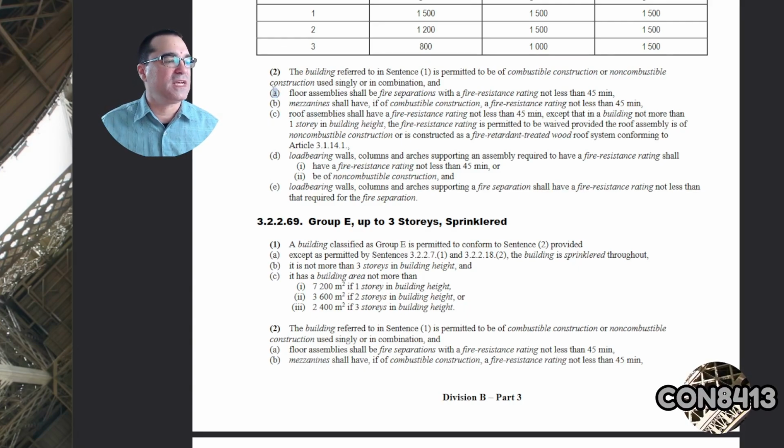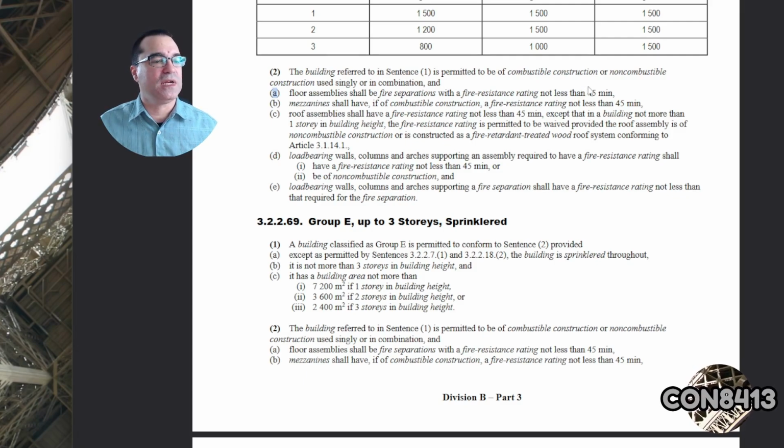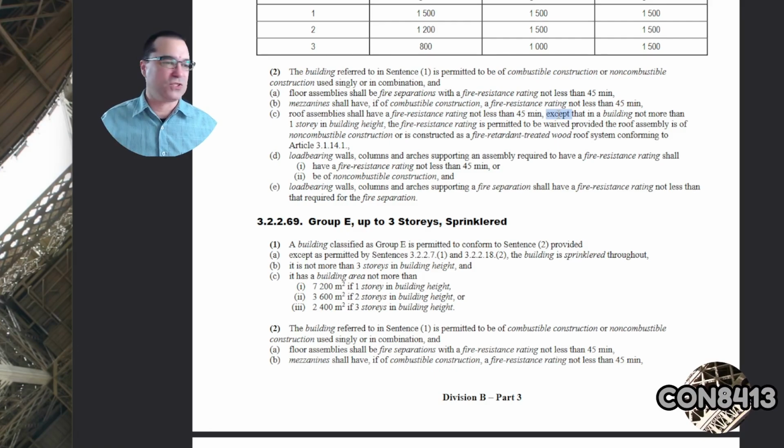So under Clause A, we have that the floor assembly must have a fire resistance rating of not less than 45 minutes. And Clause C says that the roof assembly must have a fire resistance rating of not less than 45 minutes. There is an exception here, but it doesn't apply to us because that exception is for 1-story buildings. Okay, our building has more than 1 story.